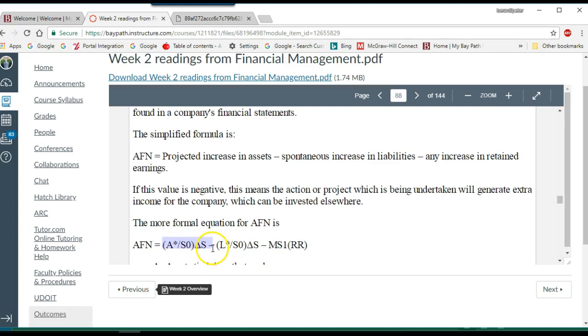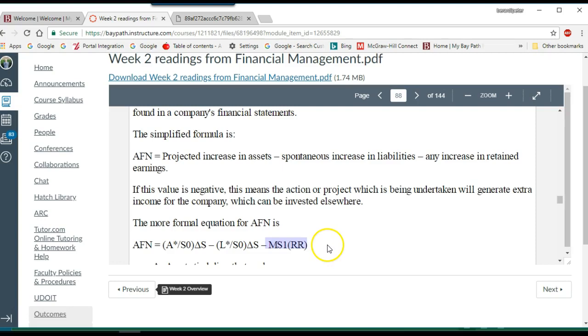If this minus this minus this is a negative number, what that means is that the increase in assets due to an increase in sales can basically be financed internally by our own current liabilities and our own internal income.